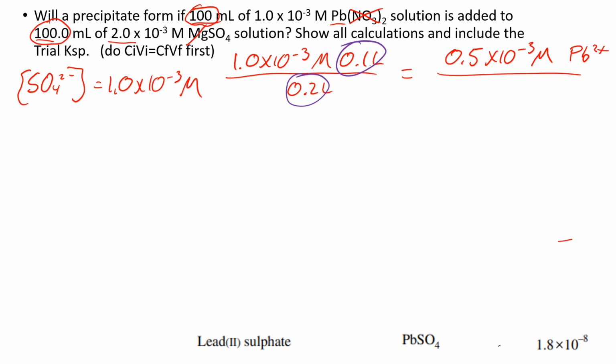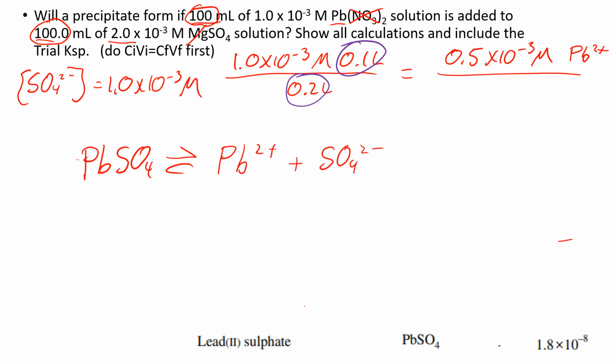Okay, so now I have my new concentrations of Pb and SO4. I'm just going to write a trial KSP equation. So it's PbSO4 turning into Pb2 plus plus SO4 2 minus.